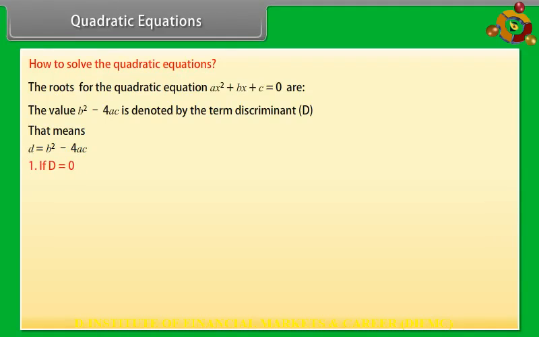If D is equal to 0, then the quadratic equation has one real root given by x = −b/2a.